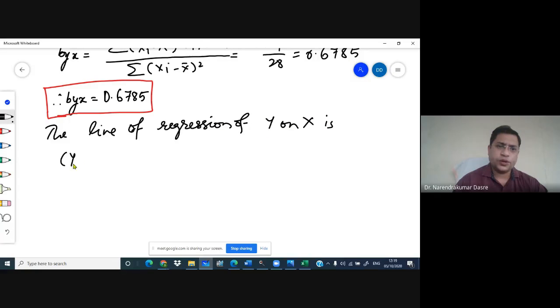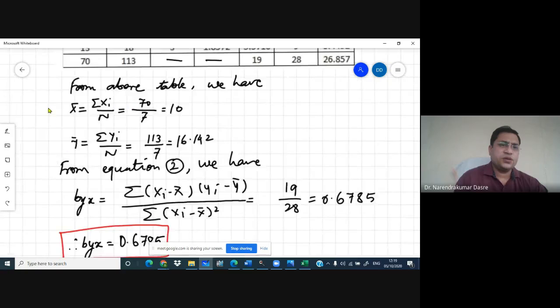So what do you have? Y minus y bar, so 16.142, is equal to byx, 0.6785, into x minus x bar.